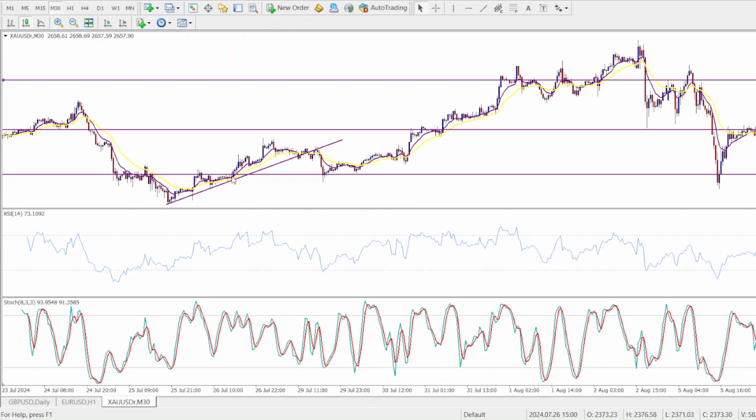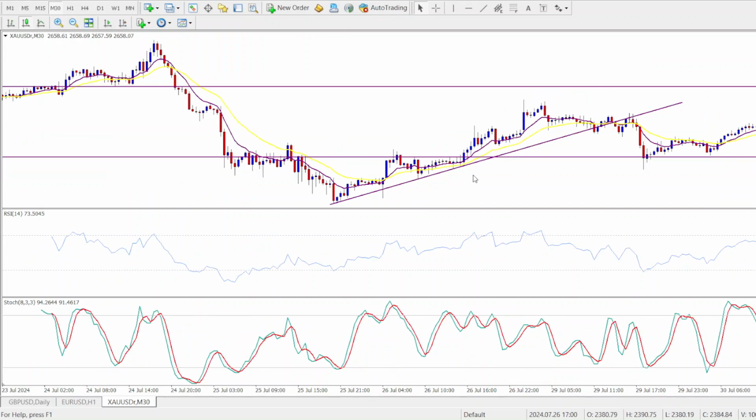Then after price broke above this horizontal resistance, it turned into a support. You can see that after price broke above, there was a little bit of a retest before the price continued. So the third buy signal came later on from the horizontal support and resistance level.